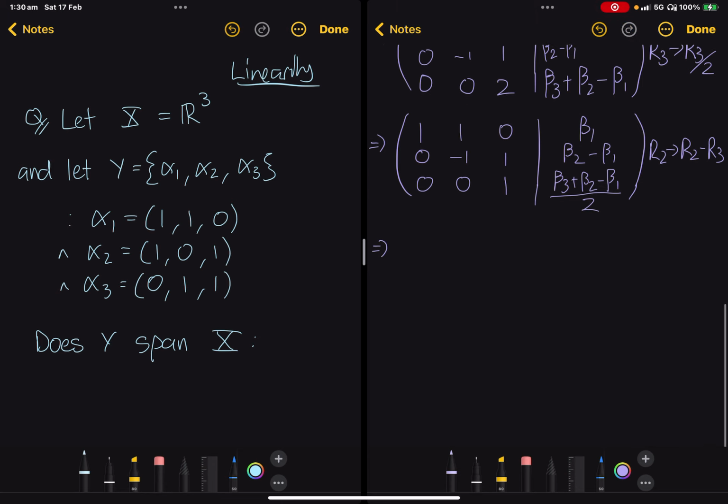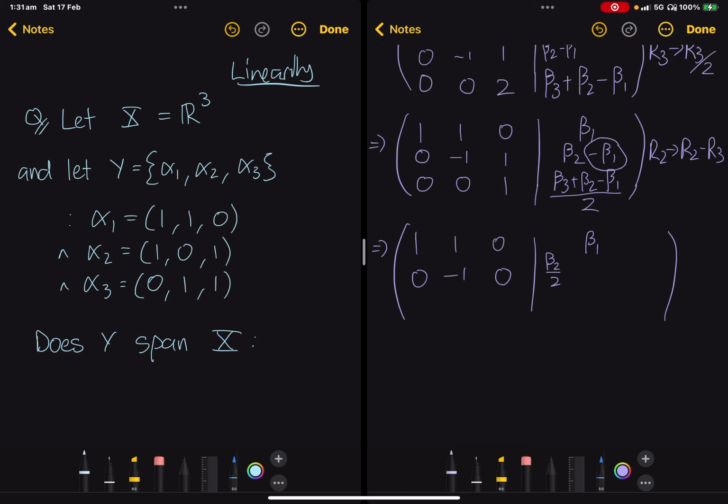So we're going to get 1, 1, 0, beta 1. It's going to become a little messy, so we've got to be careful with this term when we move it around. This row will become 0, minus 1, 1 minus 1 is 0. Beta 2 minus beta 1 minus this. We've got a beta 2, and we're subtracting a beta 2 on 2, so that's beta 2 on 2.